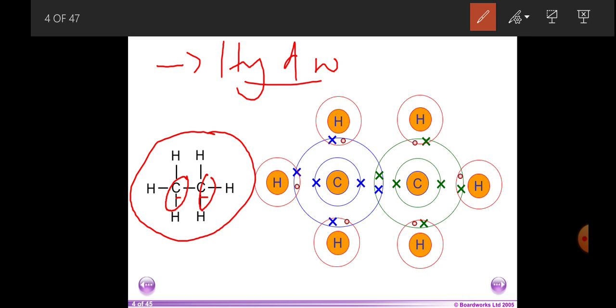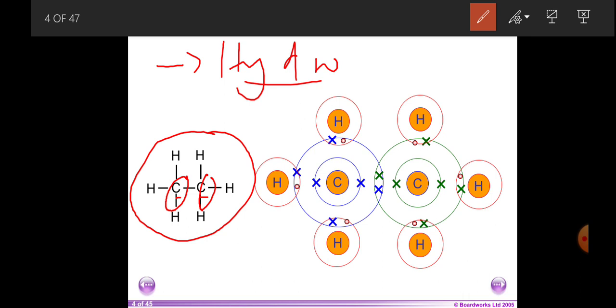Now, we also have other types of molecules called organic compounds. Organic compounds are compounds of carbon apart from carbonates, carbon(IV) oxide, and hydrogen carbonates.